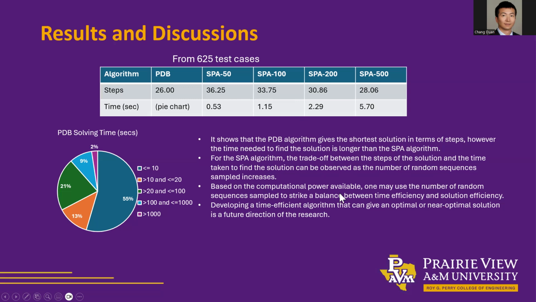Based on the computational power available, you can choose the number of sequences sampled to strike a balance between the time efficiency and the solution efficiency. So developing a time efficient algorithm that can give an optimal or near optimal solution is a future direction of research.